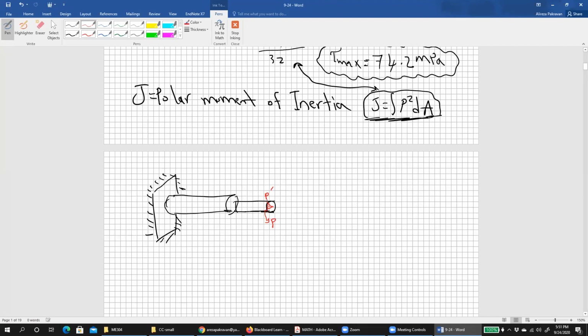This angle here is phi, and this is the angle of twist, right? This is the angle of twist.